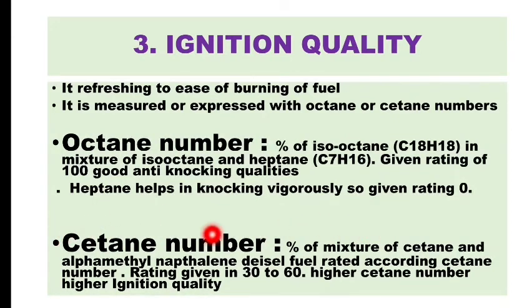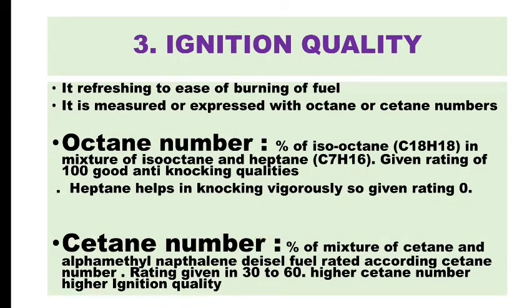The cetane number is considered for diesel fuel. It is the percentage mixture of cetane and alpha methyl naphthalene in the diesel fuel, rated according to the cetane number. The rating is given in the range of 30 to 60, and a higher cetane number implies higher ignition quality.